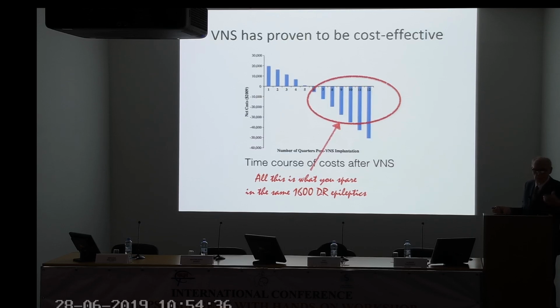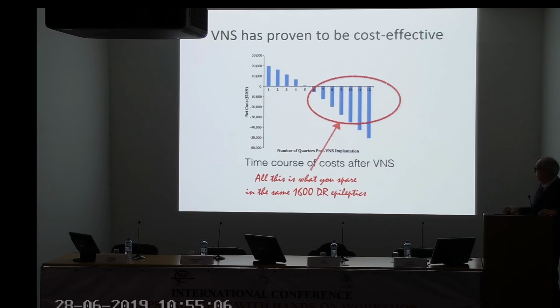But then, due to the effect of the VNS, after 1 year, 1.5 years, you have even a break-even here. And from this on, you have a significant reduction of cost for all the payers. That is mainly the insurance or the state. It depends on the health organization of your state.